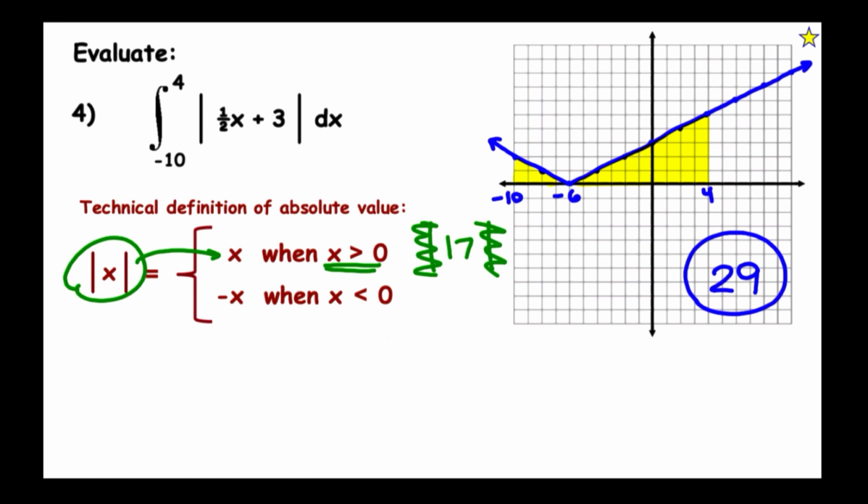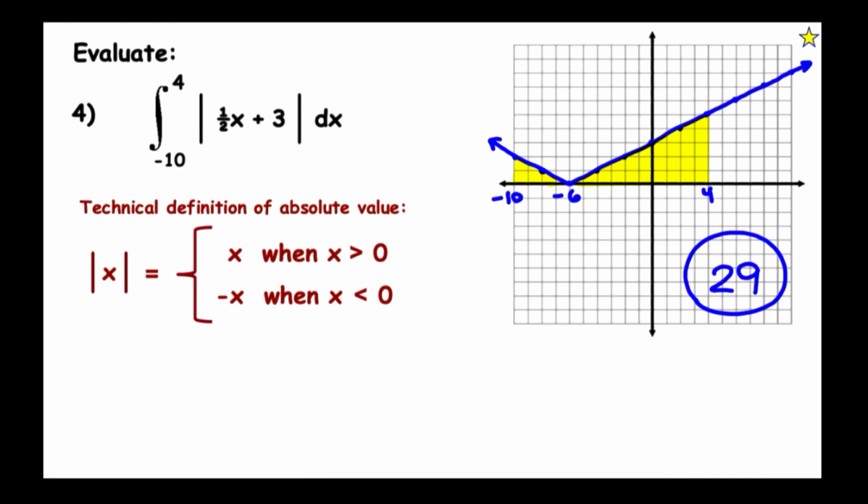Okay, but if it's negative 17, and there's bars on it, and the number inside is less than 0, which negative 17 is, a computer is taught, okay, take the bars off, but the thing inside, which is the x, which is the negative 17, go ahead and throw an additional negative on it, which will turn it positive. So that's the technical definition, and we can use that to integrate with.